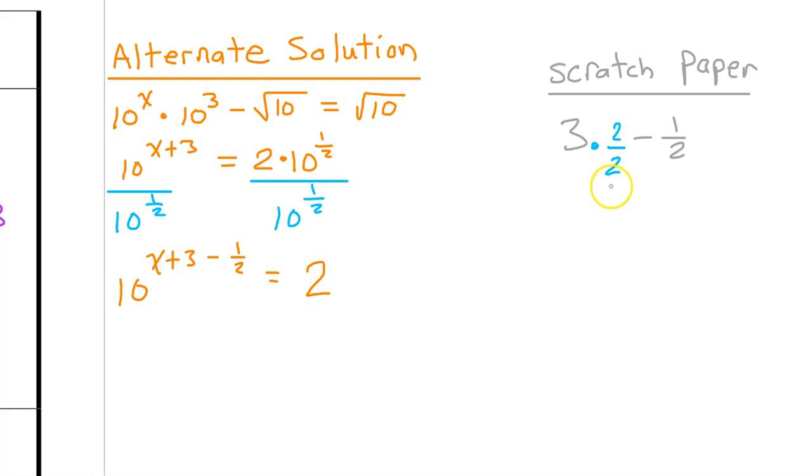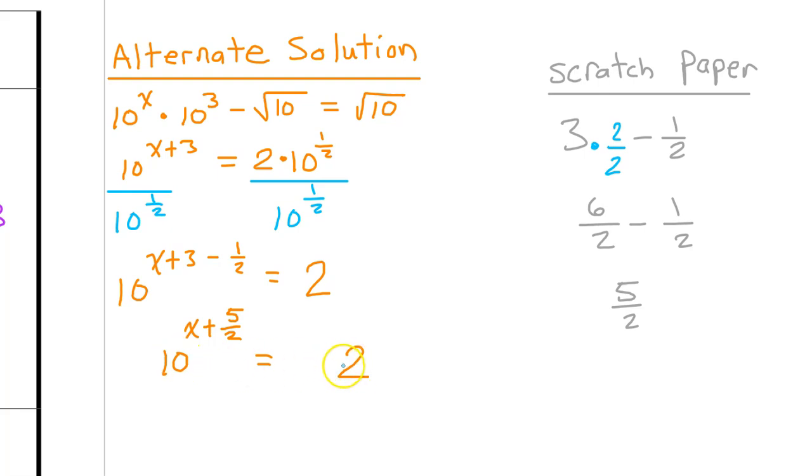Or if you prefer fractions, you can multiply 3 by 2/2. So really we have 6/2 minus 1/2, which is going to be 5/2. On the next step, you will either have 10 to the x plus 5/2 is equal to 2, or you might have chosen 10 to the x plus 2.5 is equal to 2.